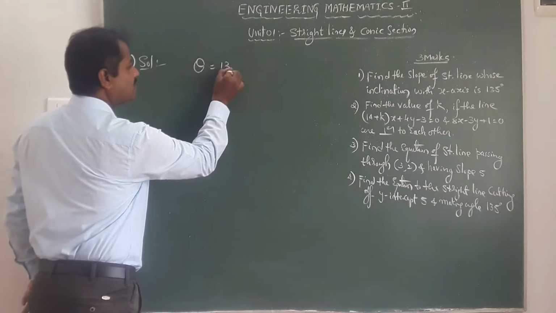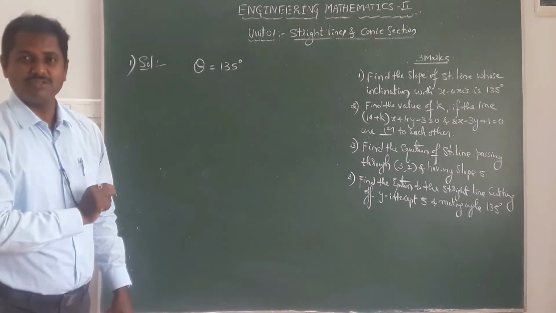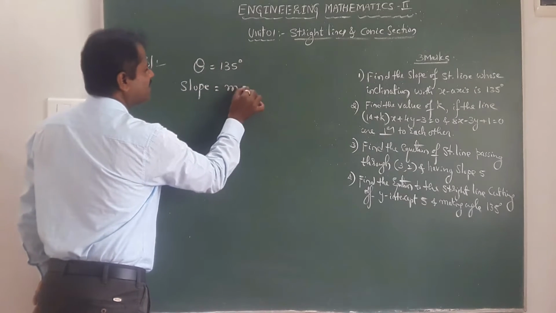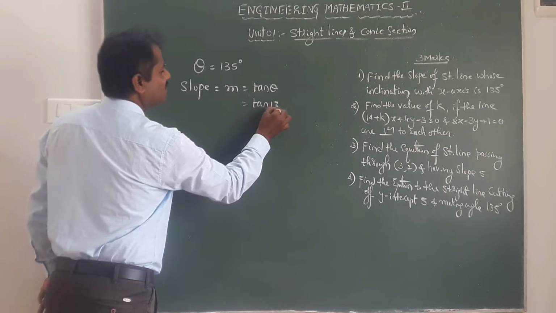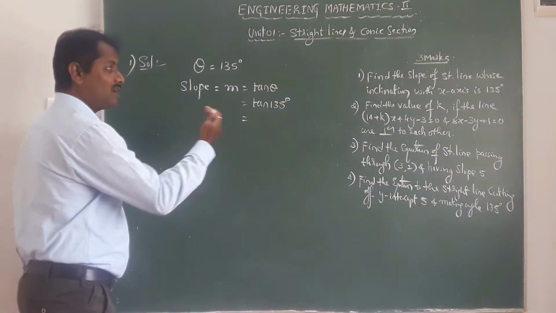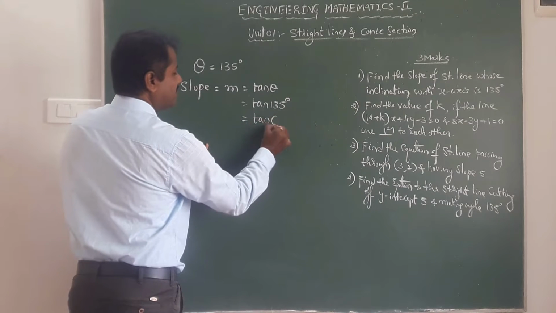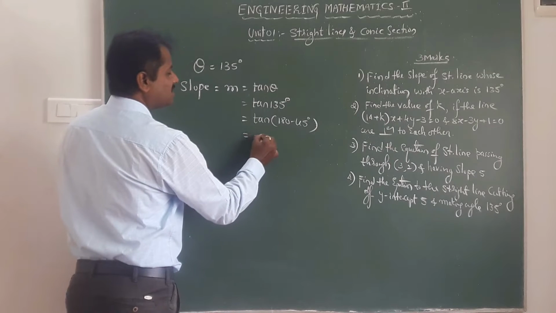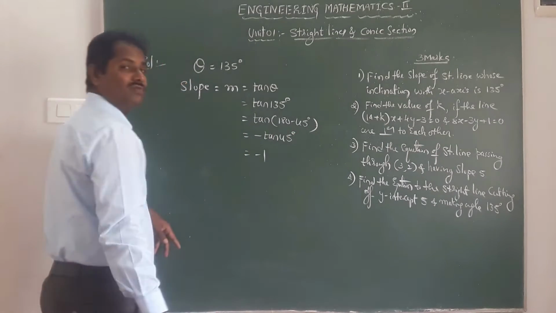So theta is equal to how much degree? 135 degree. As we have already said in the concept, slope can be found out by using the formula slope m is equal to tan theta. Since theta is equal to 135 degree, it becomes tan 135 degree, which is tan of 180 minus 45 degree, which is nothing but minus tan 45 degree, that is minus 1.